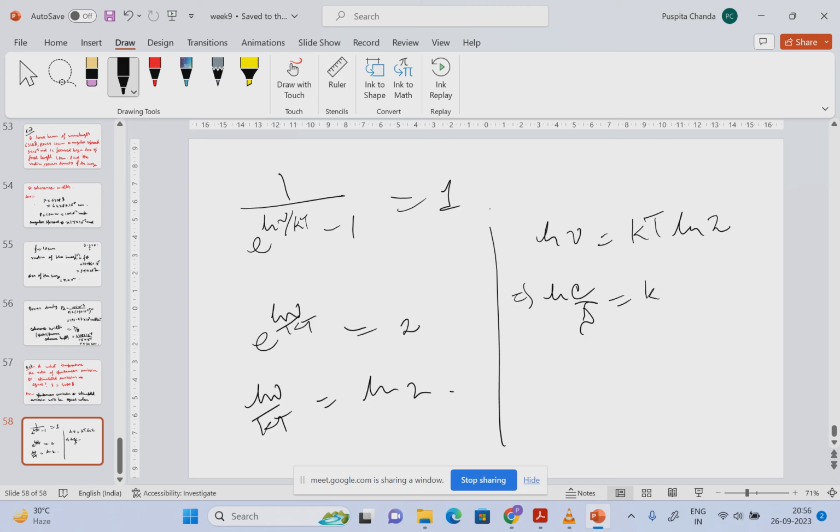This is h c by lambda equals K T ln 2, and T will be h c by lambda K ln 2.